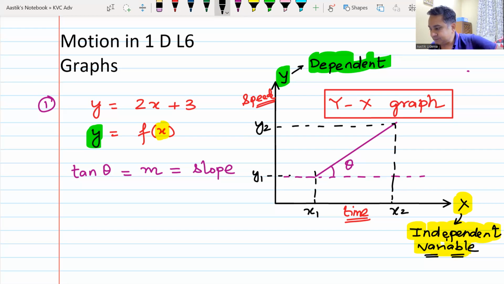Anyone? What is the slope of this graph?